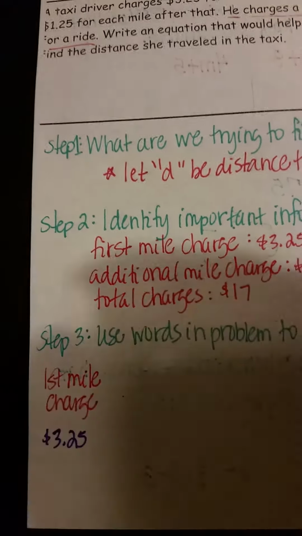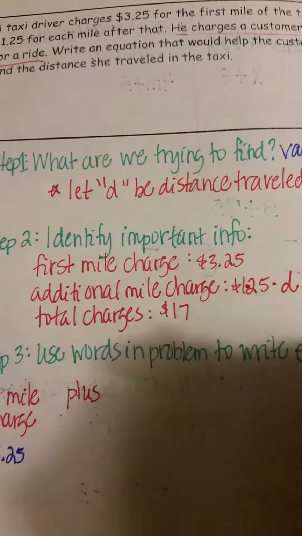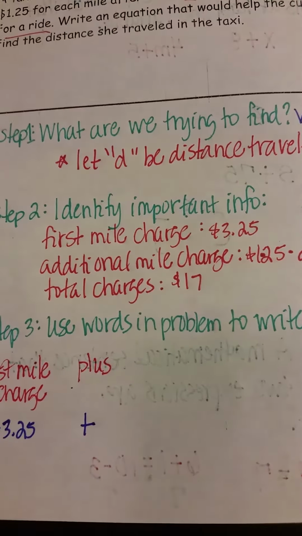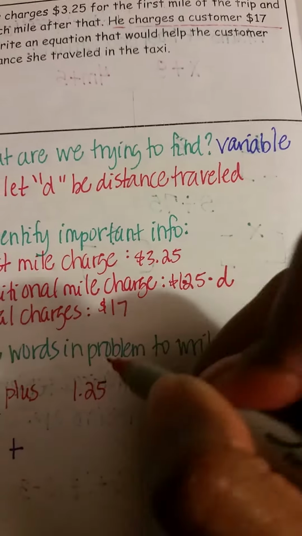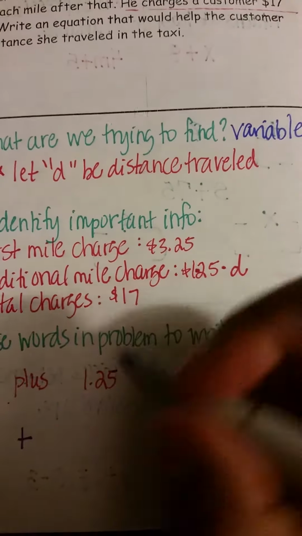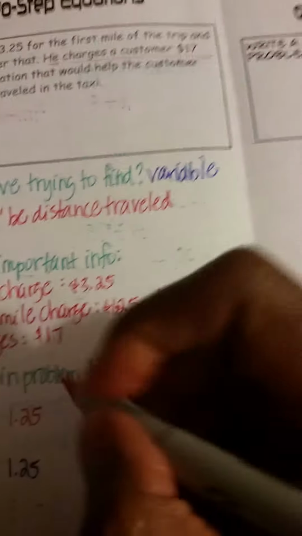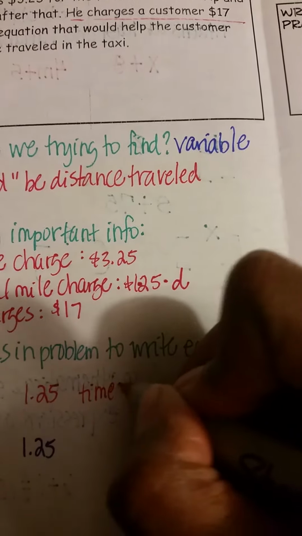Okay. And we know we're going to have to add this. So plus the $1.25, and we know that's times the amount of miles traveled.